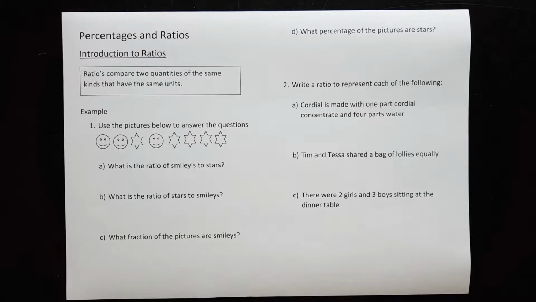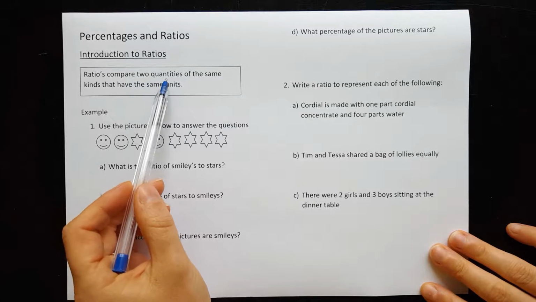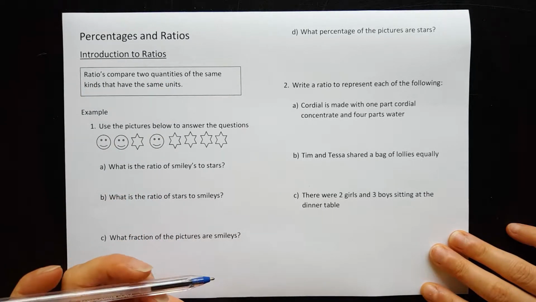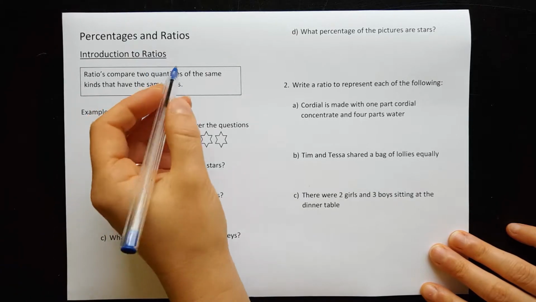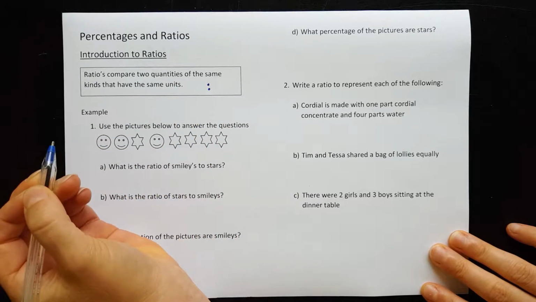Today we're doing percentages and ratios, and we're going to do a little introduction on ratios. If you've never done ratios before, ratios compare two quantities that are of the same kind and that have the same units. You will see in ratios that there are two dots like this, and as soon as you see that, you'll know you're seeing a ratio.